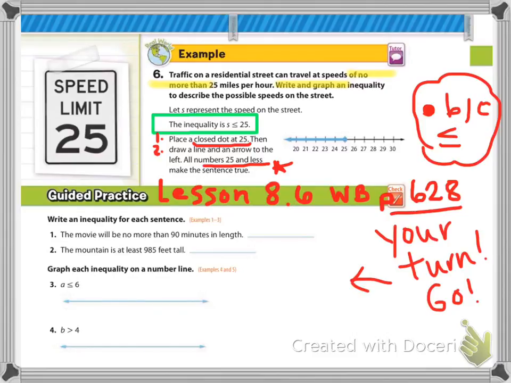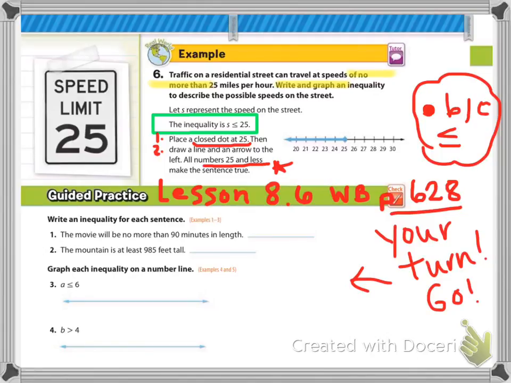You could drive exactly 25 miles per hour, but you cannot drive greater than 25 miles per hour. So you would need to use a closed circle because you are including the number 25. You would draw a line with an arrow to the left because it's less than. All numbers 25 or less would be a solution to the problem.